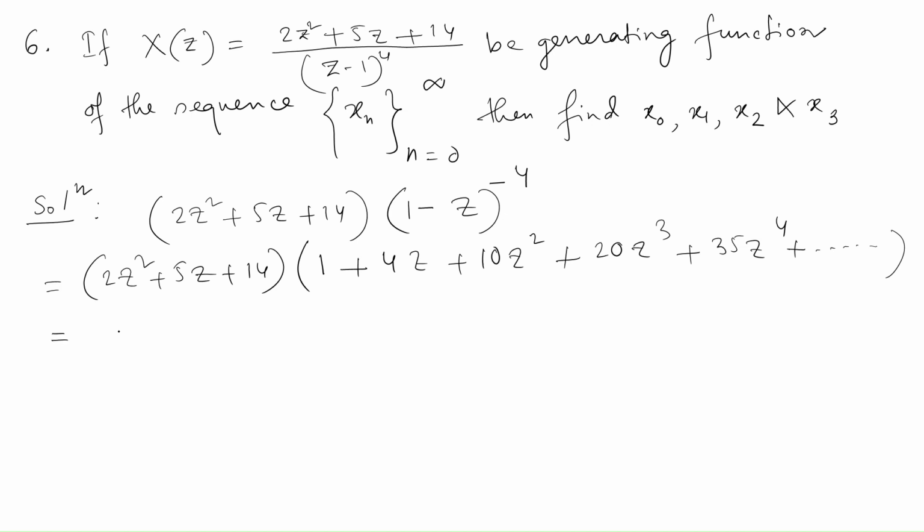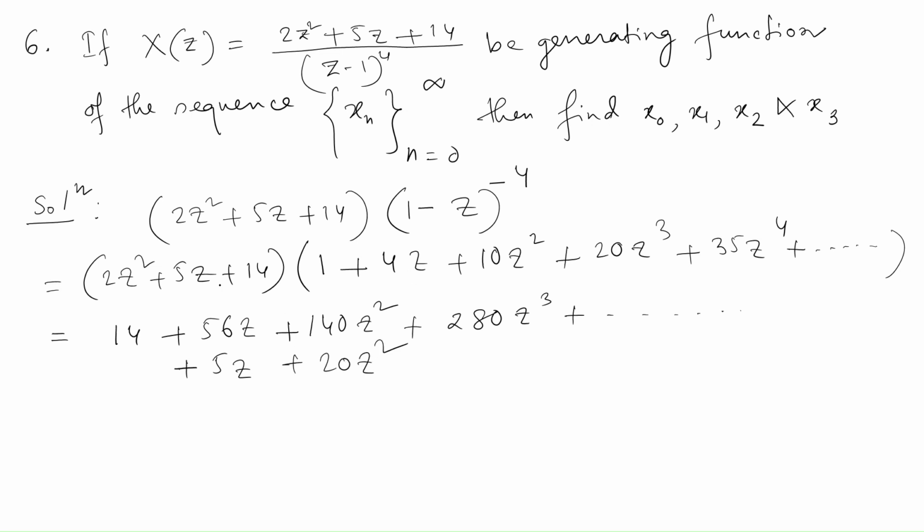So we will have 14 plus 14 into 4, 56z plus 14 into 10, 140 z square plus 280 z cube, and we'll discard the rest of the terms. Next with 5z. So here plus 5z and then 20 z square and then 50 z cube and so on.